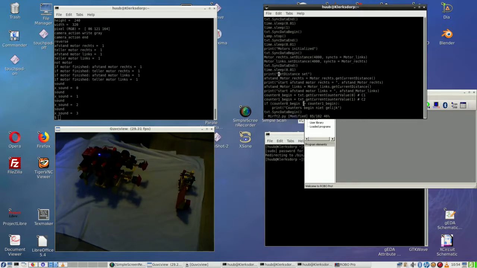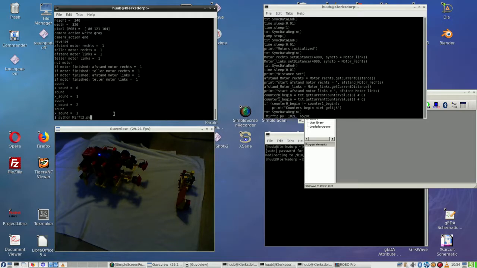And then, of course, distance set, and then get current distance, and then counter begin, and then I am wondering what happens. So let's see.